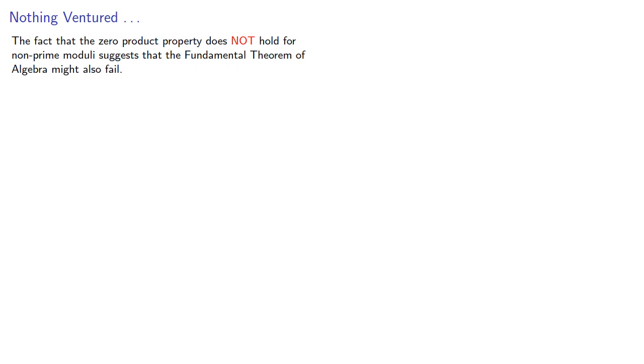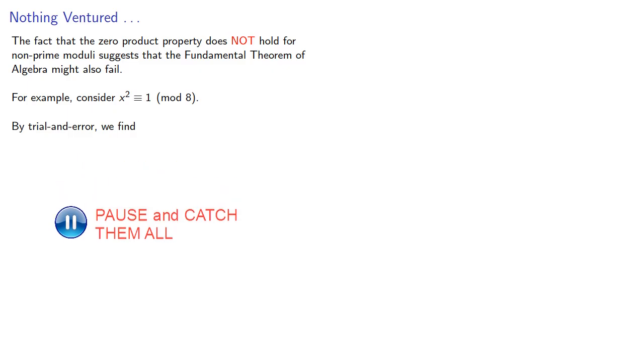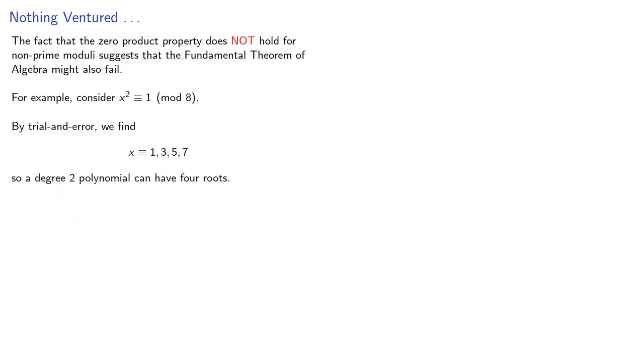A rather unfortunate and misleading term, but that's the term that we use. The fact that the zero product property does not hold for non-prime moduli suggests that the fundamental theorem of algebra might also fail. For example, let's consider x squared congruent to 1 mod 8. We could always use trial and error, and by trial and error we find solutions. So here we have a degree 2 polynomial with 4 roots.